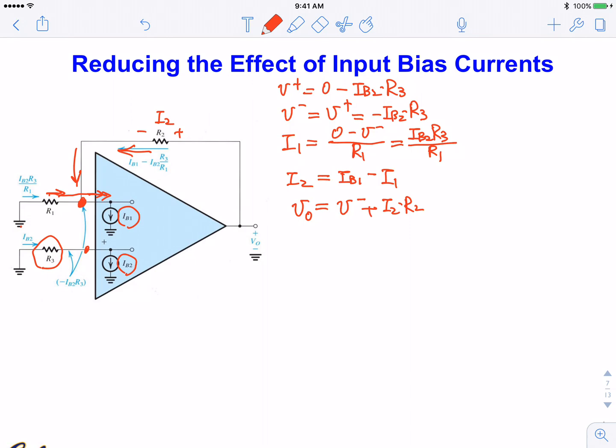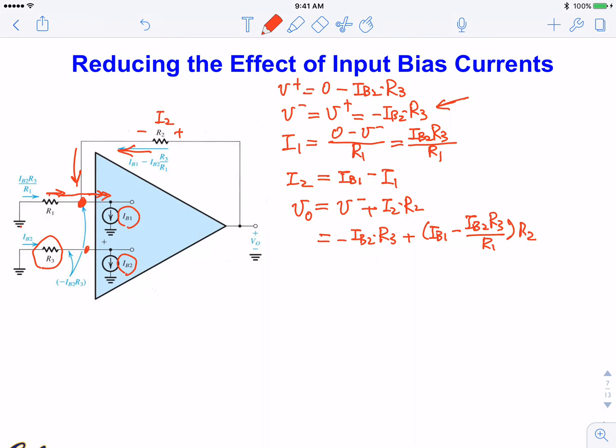So you can add this up: minus IB2 times R3, that's V minus, plus IB1 minus I1, minus IB2 times R3 divided by R1, times R2.